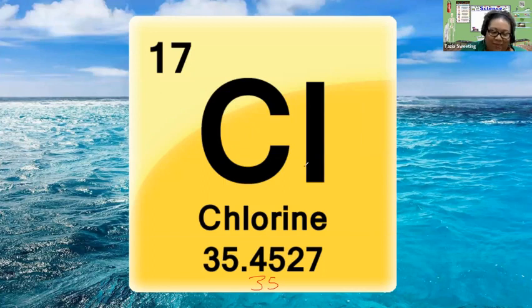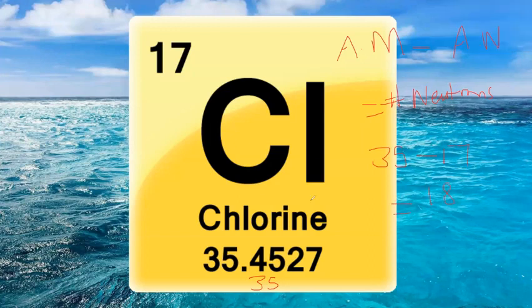How did y'all do it? 35 take away 17, because remember, you're taking the atomic mass and subtracting the atomic number, which tells us the number of neutrons. So we have 35 take away 17, and your answer equals 18 neutrons.